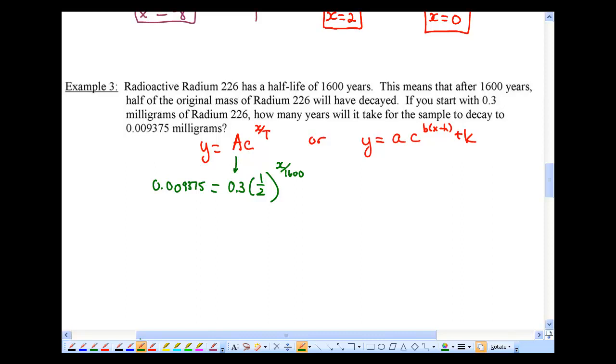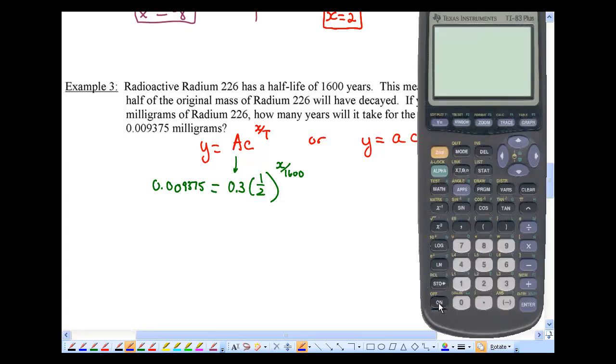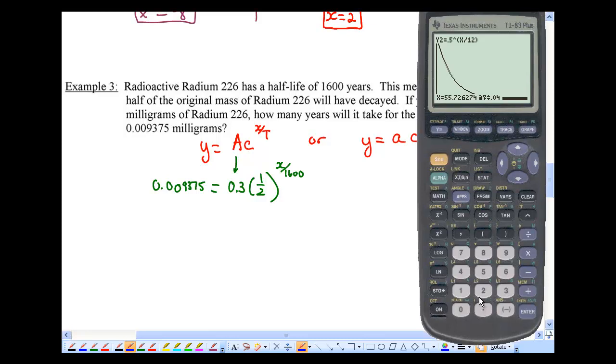Okay, so what do we do next? Probably want to divide by 0.3, because I want to see if I can isolate to get one exponent by itself without a number in front. Grab my trusty calculator. I'm going to do 0.009375.